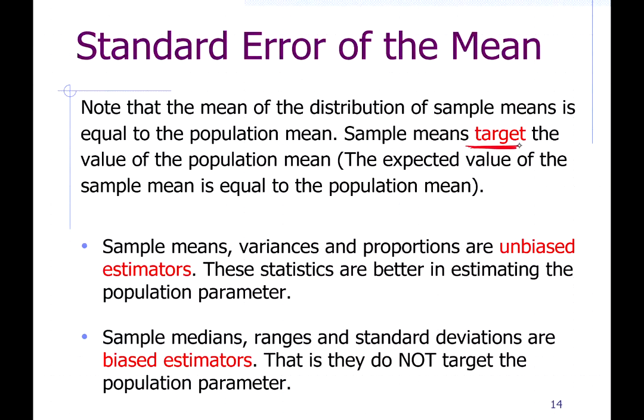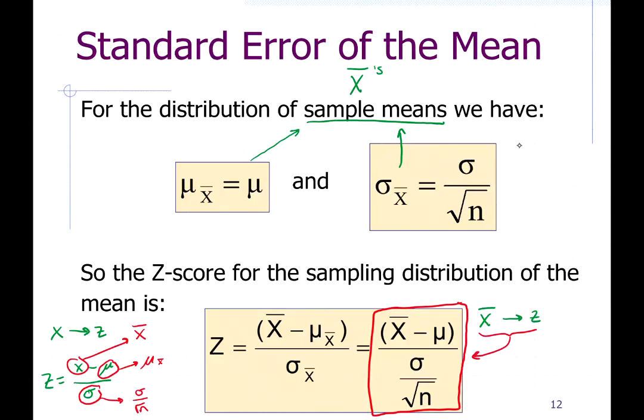In my next video, we're going to sort of extend on this slide: the fact that the mean of the sample means is equal to the population mean, and the standard deviation of the sample means is equal to the population standard deviation divided by the square root of n. And we're going to also use this conversion from x bar to z-score.